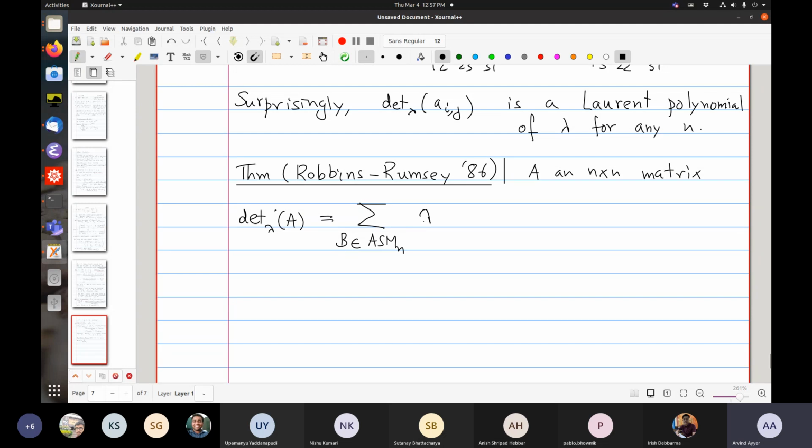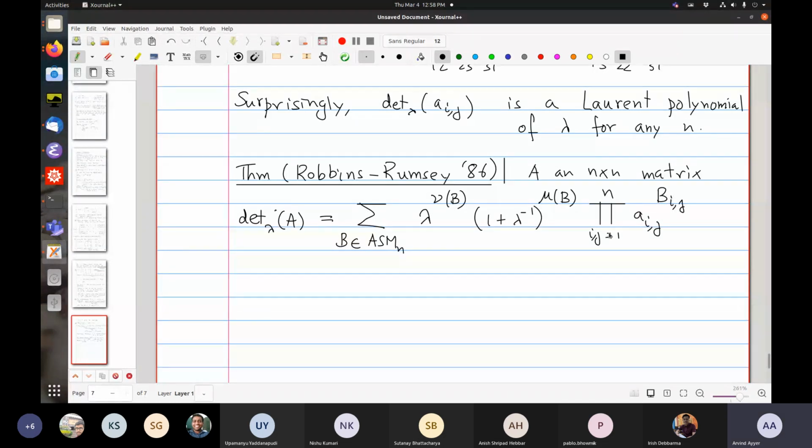I have lambda to the nu of B and 1 plus lambda inverse to the mu of B, and the product over i, j going from 1 to n of aij raised to the power bij. I'll remind you what these are in a second. B is an ASM, so the powers are only 0, 1 or minus 1.